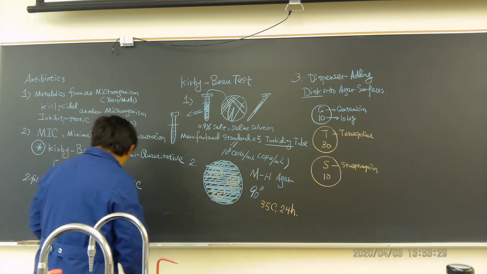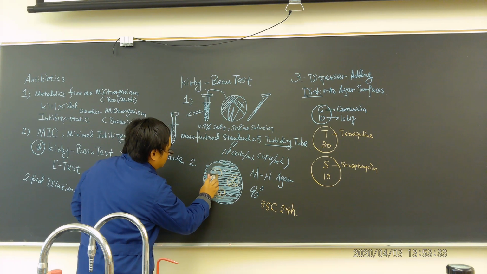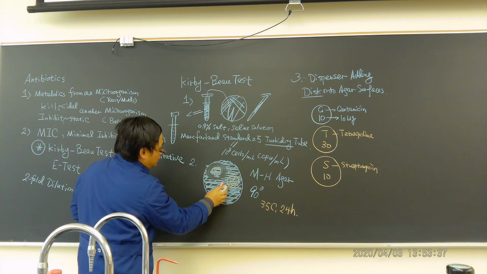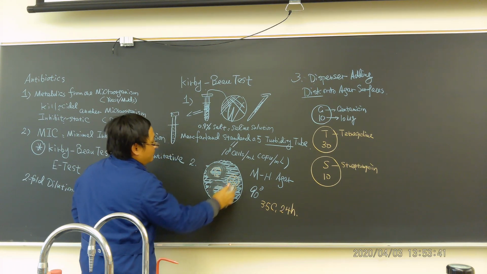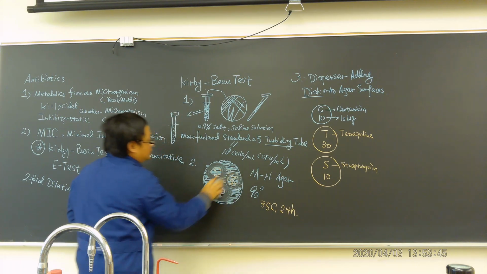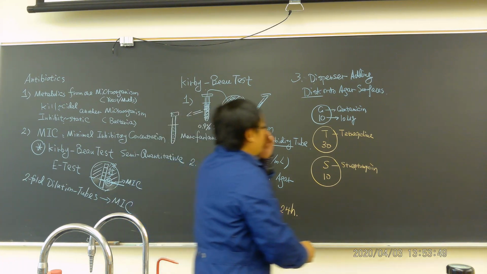Then what are you going to find after incubation? You may see a transparent zone surrounding the disc. It may be very large, may be very little. It depends. Okay, if it's like that, what are we going to do next?